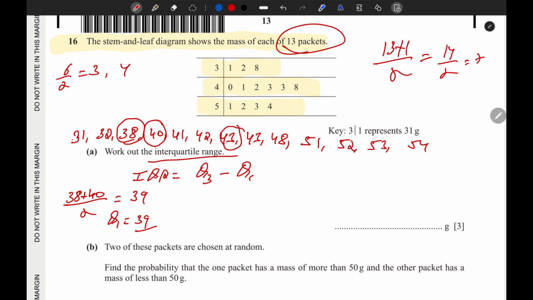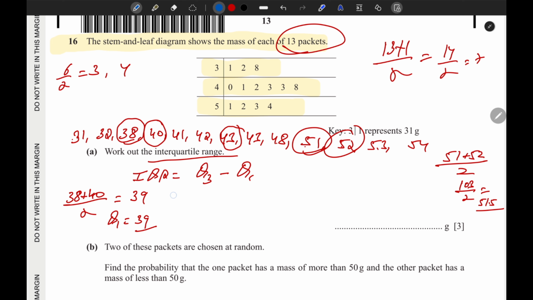Now for Q3, the upper quartile, again there are 1, 2, 3, 4, 5, 6. So for the third and fourth term, we have to take the mean, 51 plus 52 by 2. Now 51 plus 52 is 103, divided by 2 is actually 51.5. So you have to find the difference.